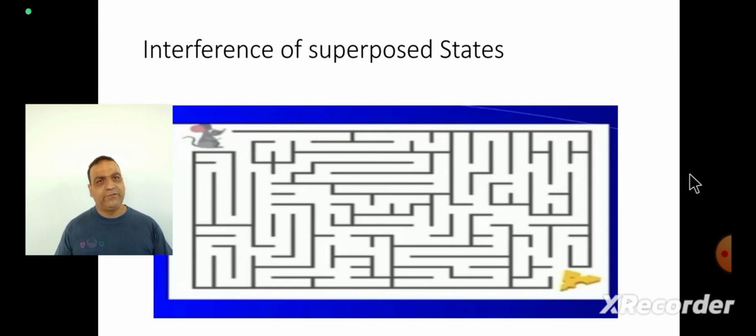So, what is interference? If we talk in a very physical sense, if we have two waves, they can interfere with each other, and this interference will lead to some kind of superposition.